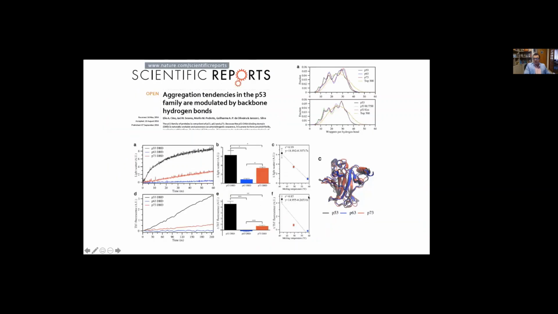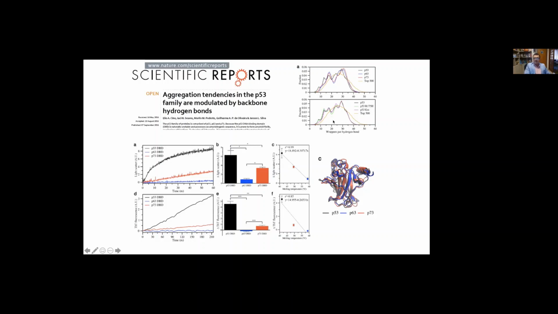As I mentioned, p63 and p73 are tumor suppressors, and curiously, they are quite similar to p53, but they aggregate much slower, probably because they are a little bit more stable.